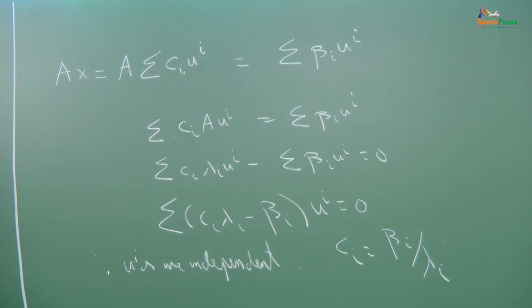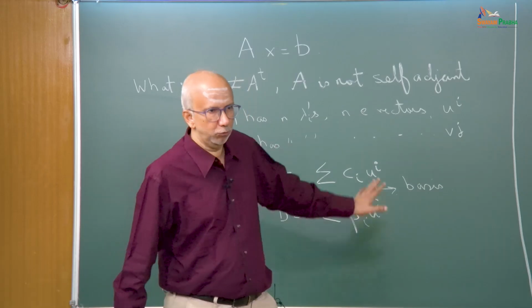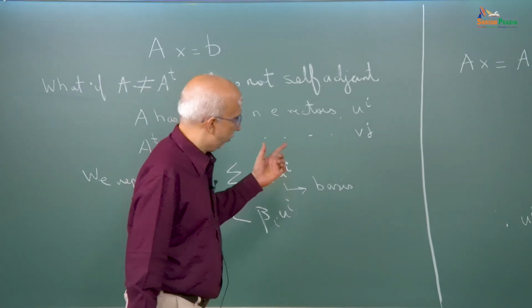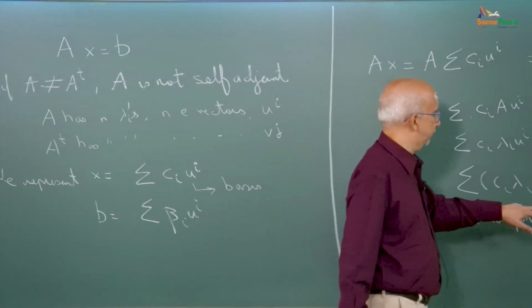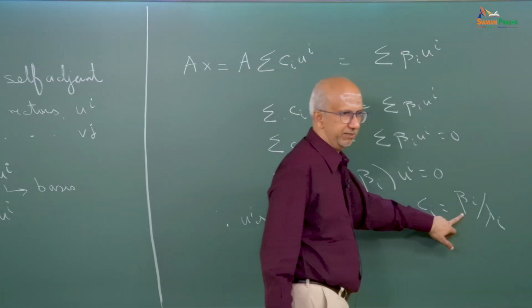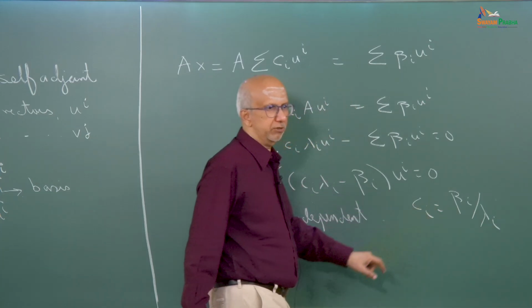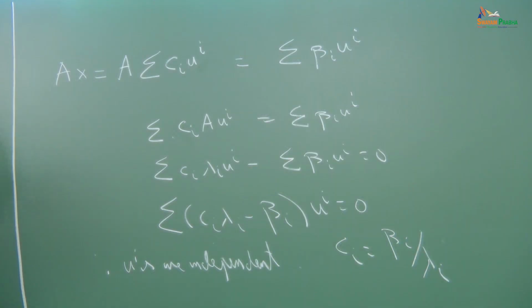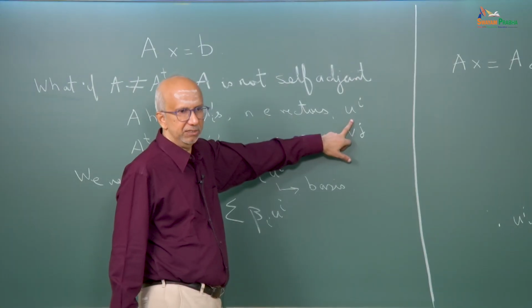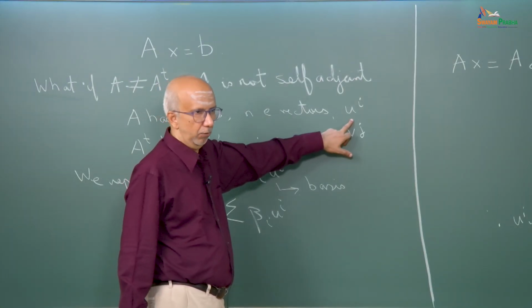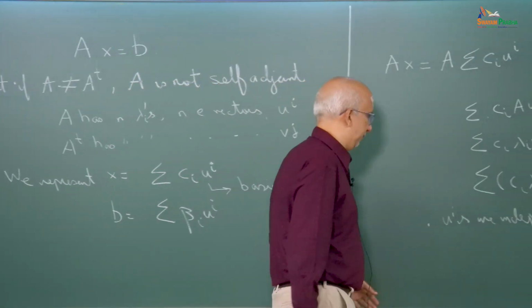It does not matter. That is what I wanted to show. But what is important is the calculation of this beta i, that is different. Lambda i you find the usual way, but the calculation of beta i is different because the ui's now do not form an orthogonal set. That is the only thing which you have to keep in mind.